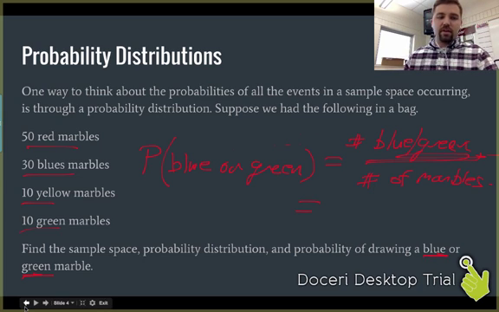Blue, there are 30 of them, and green, there are 10. So it's going to be 40 total out of 100, which is 0.4. Now, did you have to write all of that out? No, you didn't. But when the problems get more difficult, you want to really be thinking about probability in terms of the number of favorable outcomes, the things that you want, the number of ways that can happen, divided by the total number of outcomes. All right.